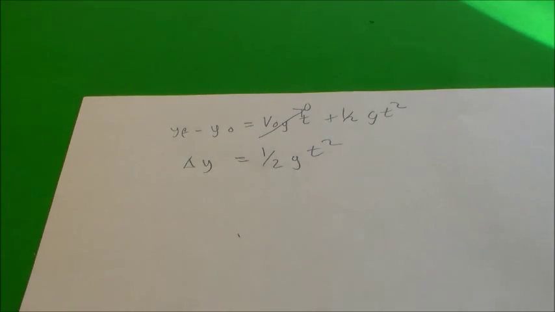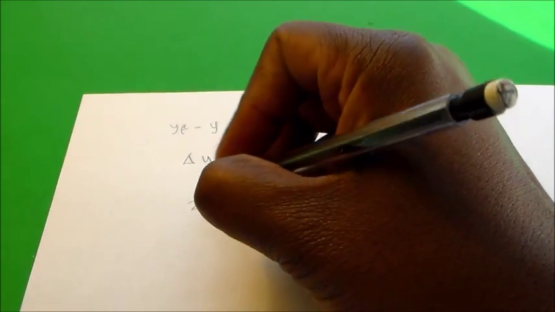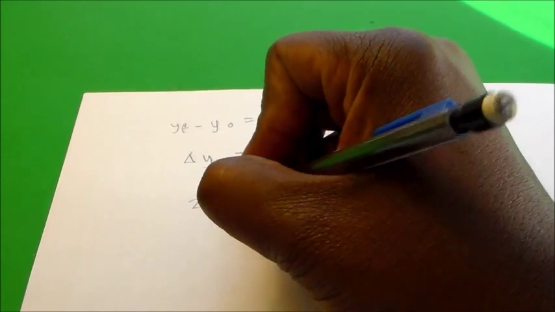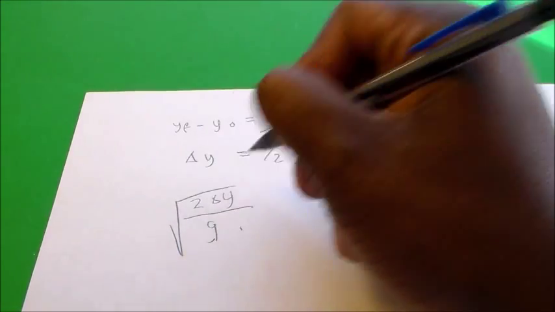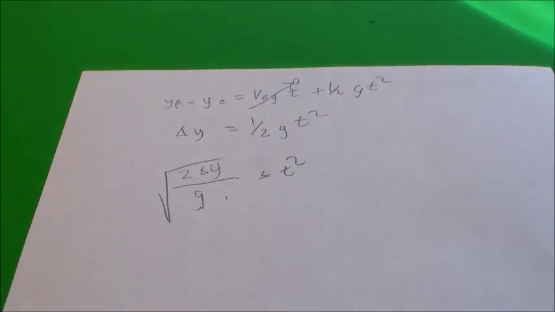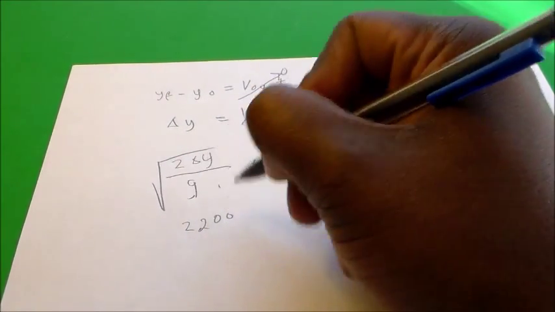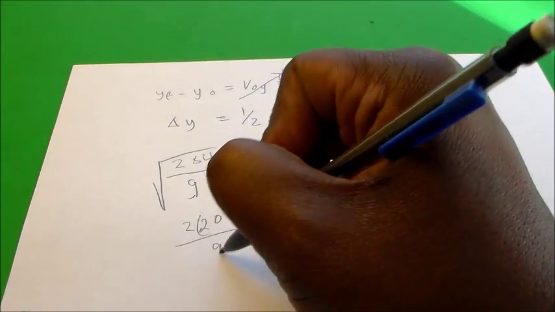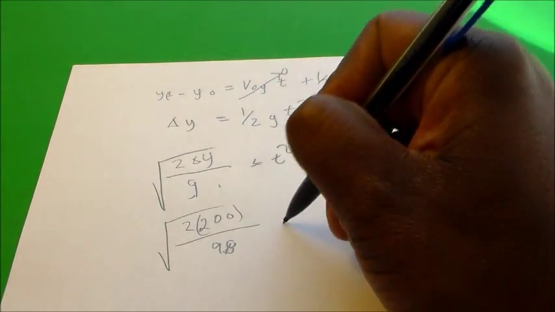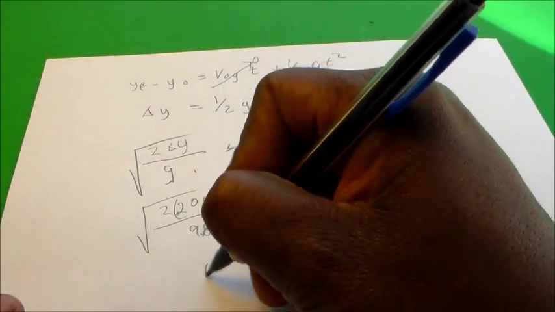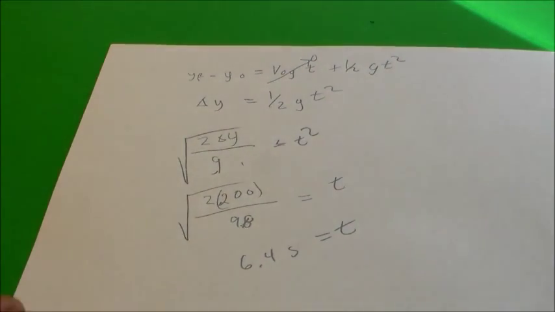We're trying to find the amount of time before the rider hits the floor, so we can manipulate this equation so that t equals the square root of 2 delta y divided by g. Filling in our information, we have 2 times the difference in height, 200, divided by 9.8. Take the square root of that, and that leaves us with 6.4 seconds as the time.